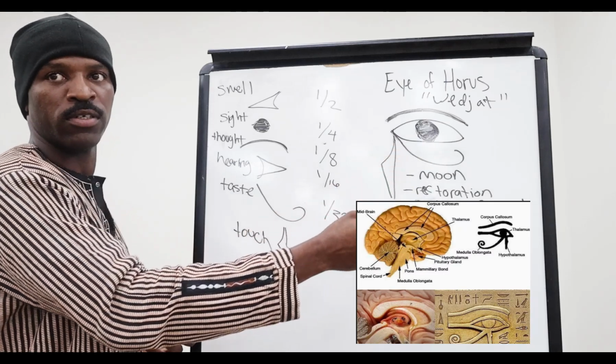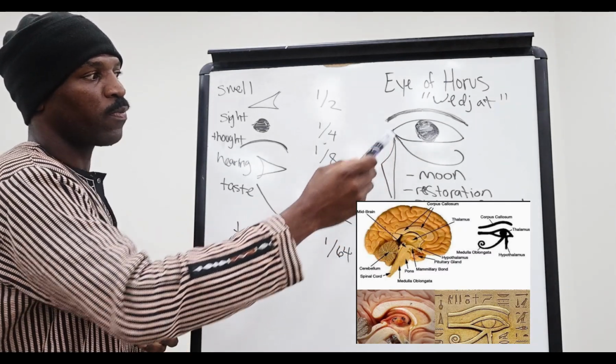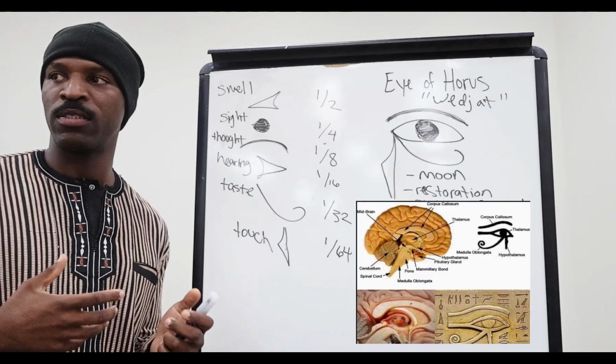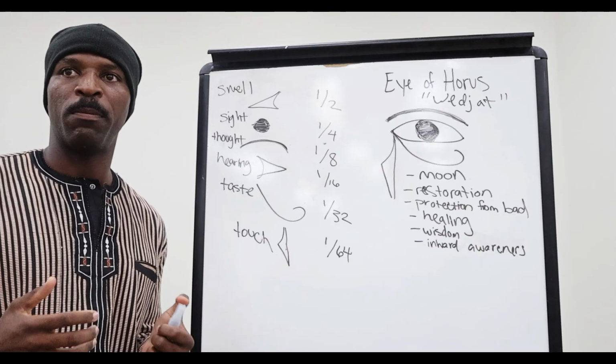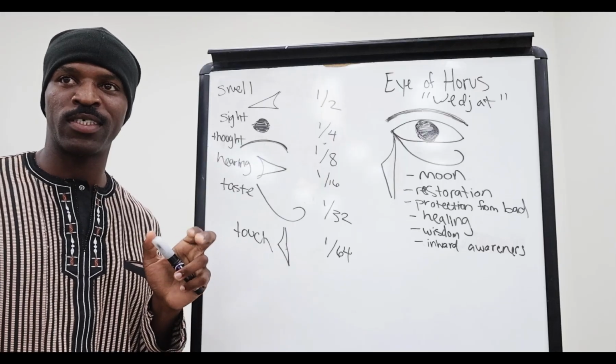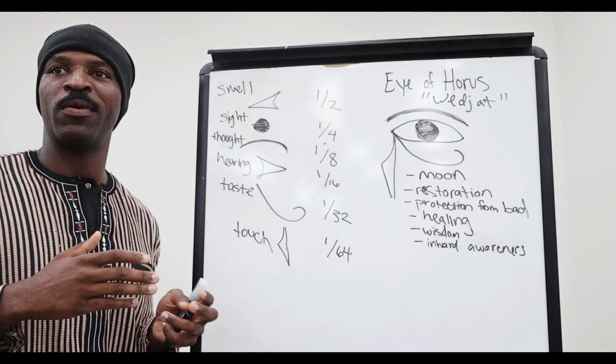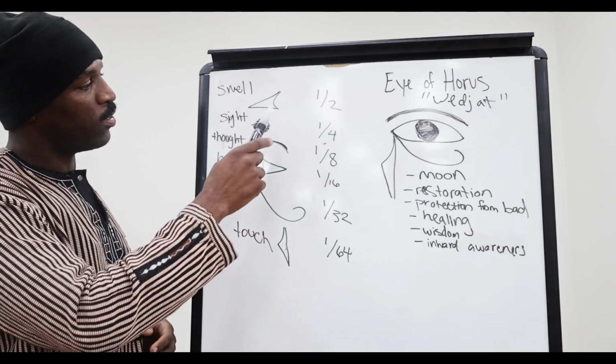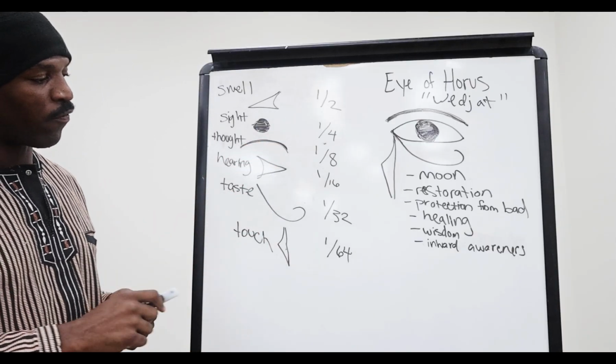This one is actually a structure in the brain that controls your sight. So there was no evidence that Egyptians ever did lobotomies, took brains out and did research on it, but it's a huge coincidence that it lines up with the actual structures that actually control the function in the body, right? So these are the fractions here.